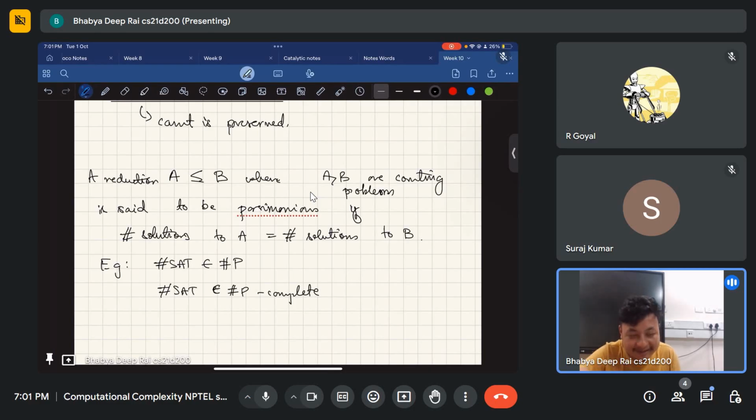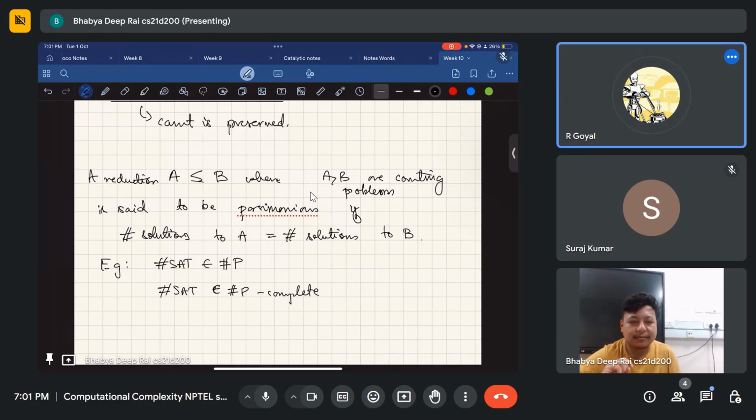But we can say something additional. Not only does the reduction exist, the reduction is also parsimonious. The Cook-Levin reduction preserves the number of solutions. How and why?